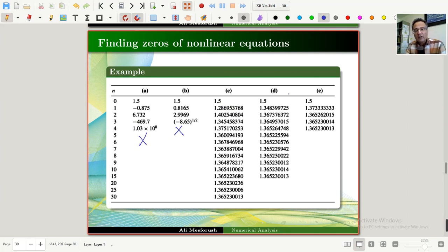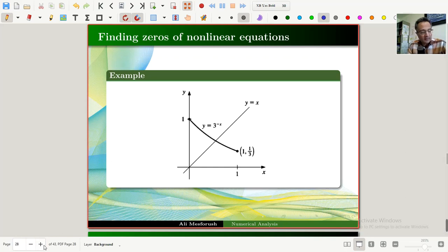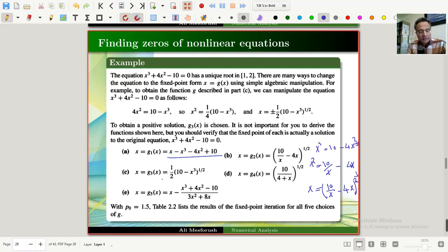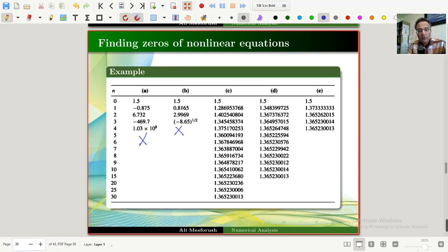But for C, D and E it will work. Look at the functions for C, D and E. For C, for example, this one, D this one, and E this one. The function will work. And in fact, after 30 iterations for C, we get the root of the equation, and in fact the fixed point of g.